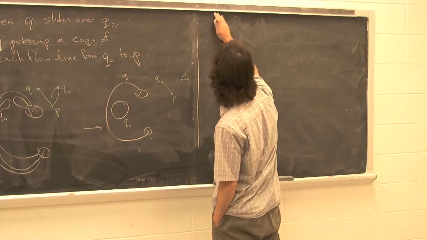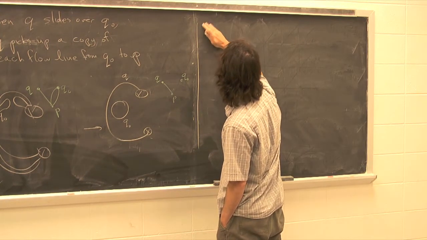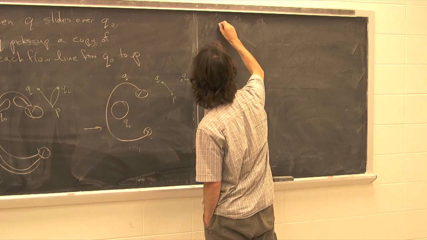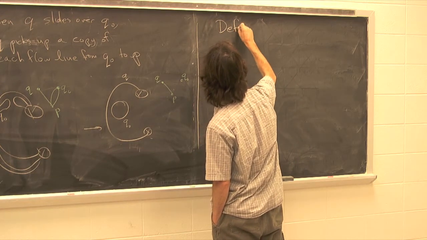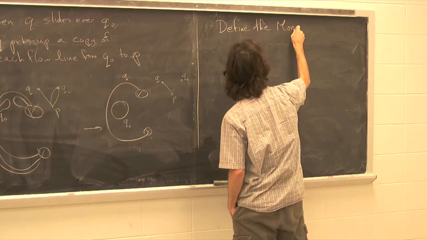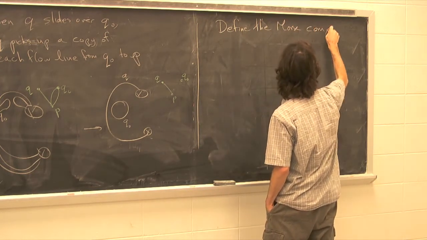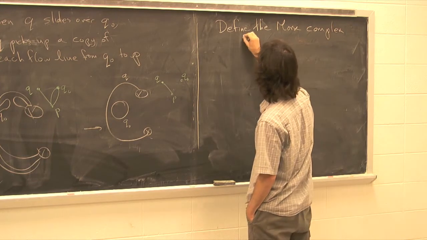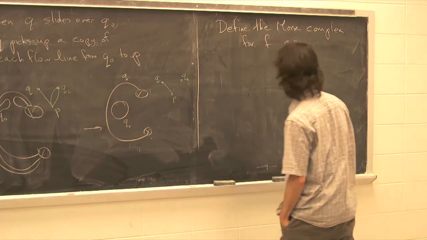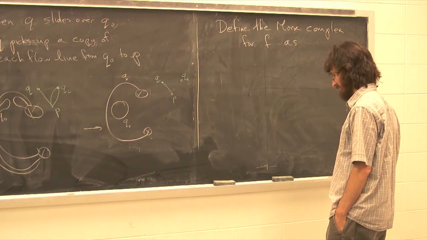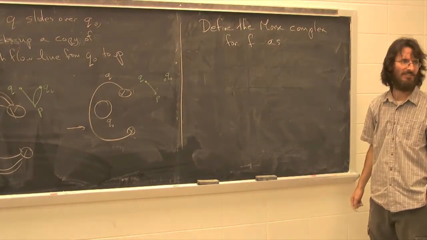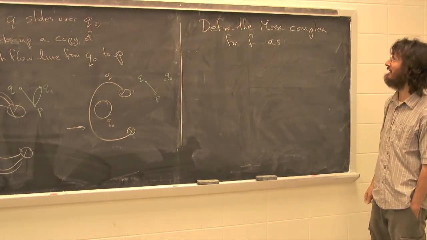So here's the definition. Let's define the Morse complex. It's a chain complex. If you haven't seen chain complexes, here's your first one. It's not anything really scary or bad.